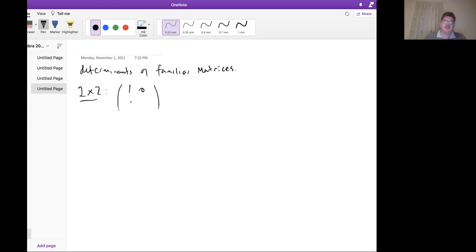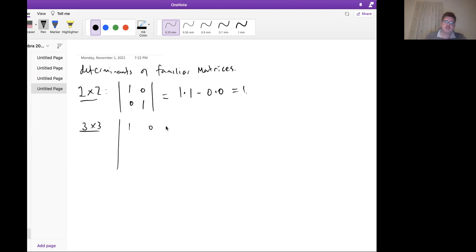Yeah, 1, 0, 0, 1. What's the determinant of this? One. Yep, 1 times 1 minus 0 times 0 is equal to 1.